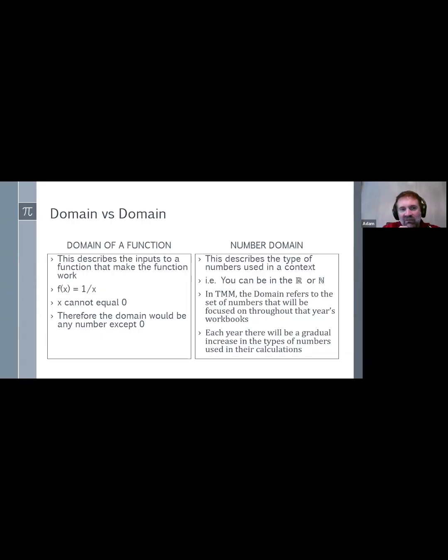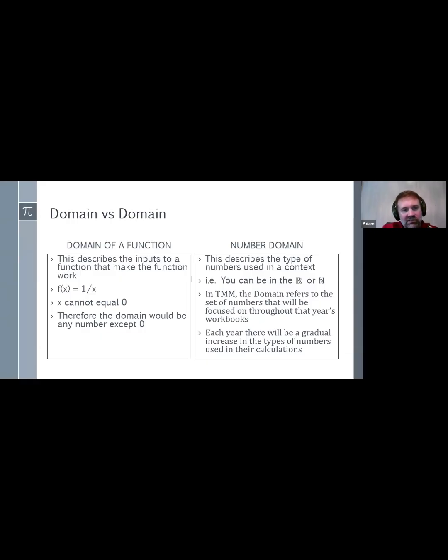The domain of a function describes what the inputs to a function are, and that which makes that function work. Like if you had a function very simply like x plus 2, what is the domain, the inputs to that function x plus 2? Say 1 plus 2 is 3, and 3 would be considered the range.